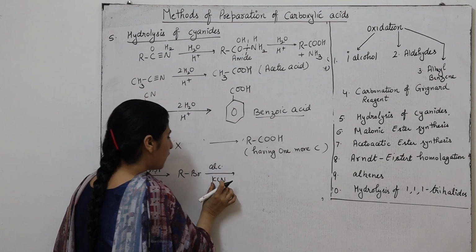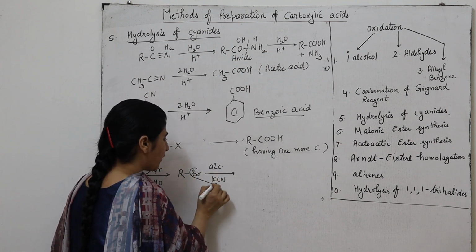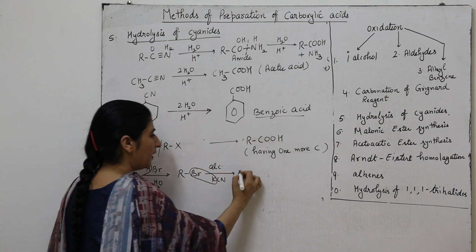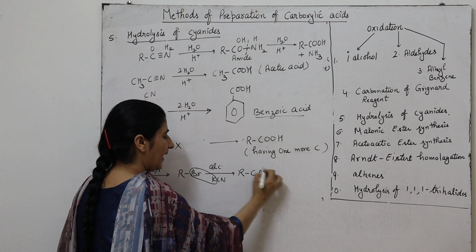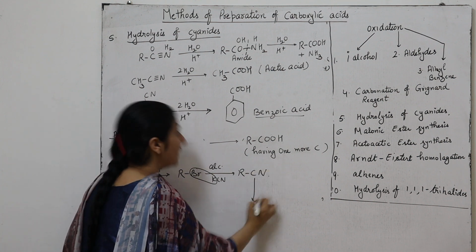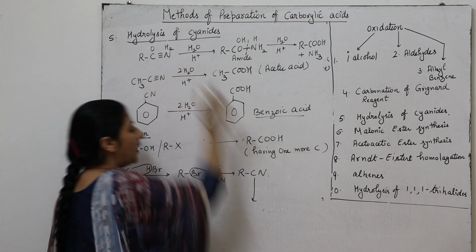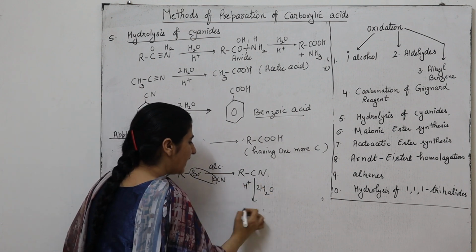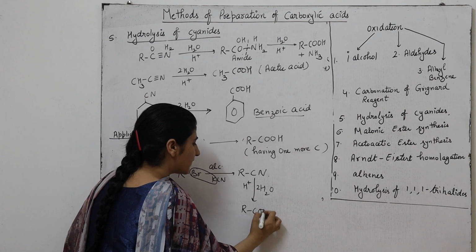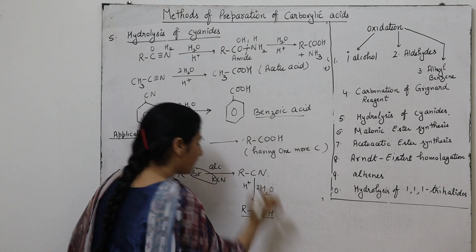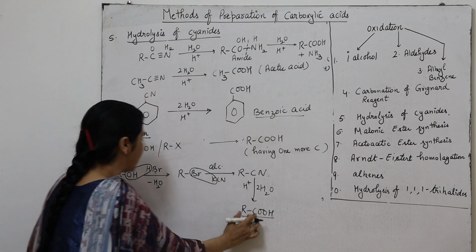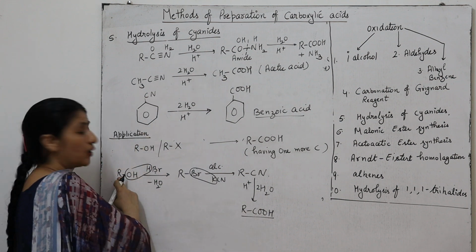When it reacts with alcoholic KCN, there is an elimination of KBr and the cyanide group is attached to the alkyl group. So we get an alkyl cyanide. Alkyl cyanide further undergoes hydrolysis in the presence of acid. Then we get a carboxylic acid, having one more carbon atom than the starting alcohol.